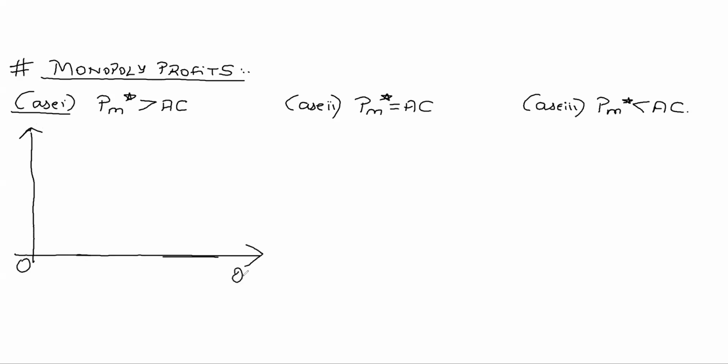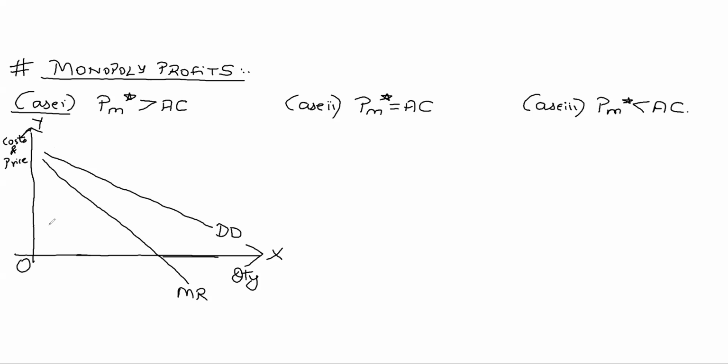Origin, this is my quantity per period. This is my costs and price. Okay. So initial demand curve facing the monopolist. Marginal revenue curve. Marginal cost curve.